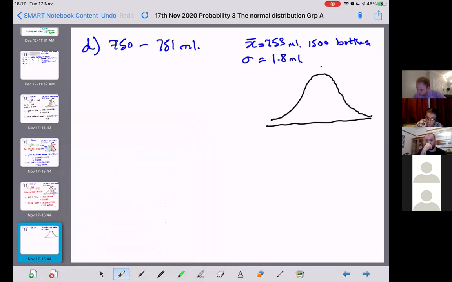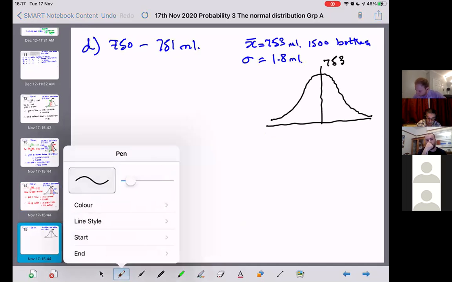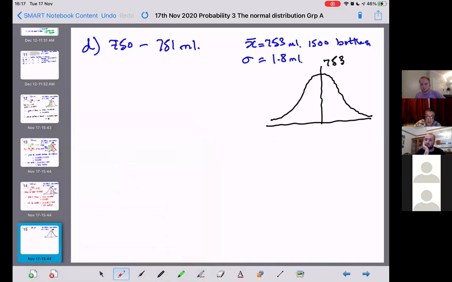Our mean is still 753, but we're interested in, in red, the area between 750 and 751.